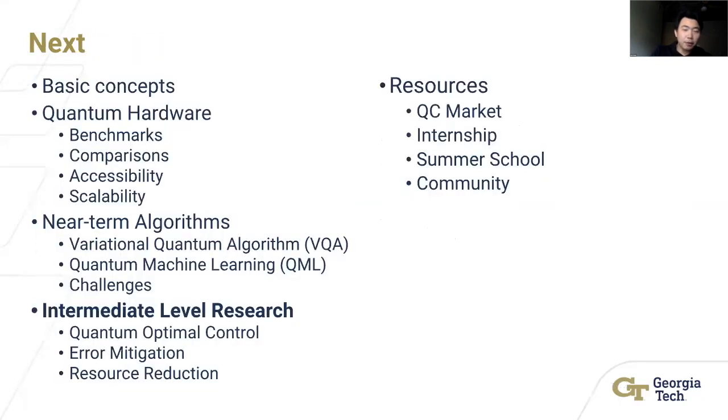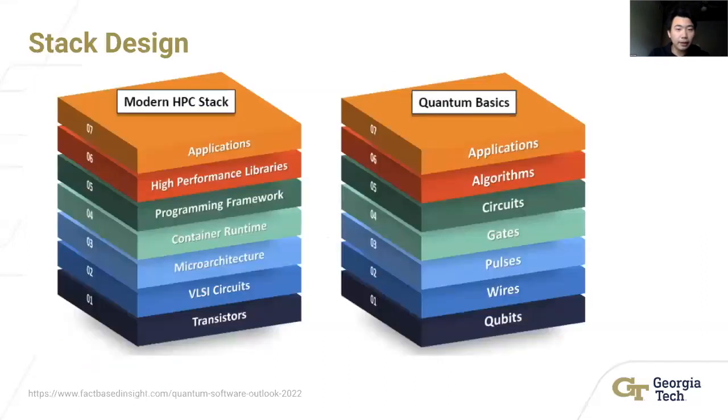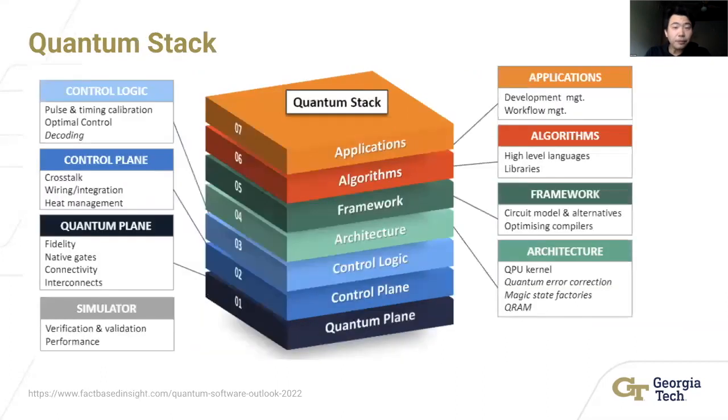Next, I think I'm running out of time, but maybe I can quickly look at the quantum stack. So this is the high performance computing stack, and this is what people are making a comparison with quantum. So here comes the quantum stack.